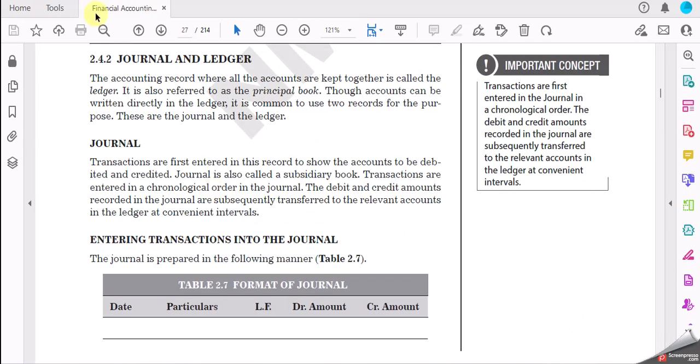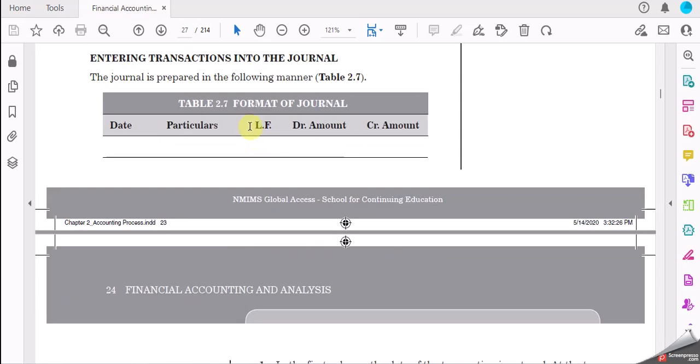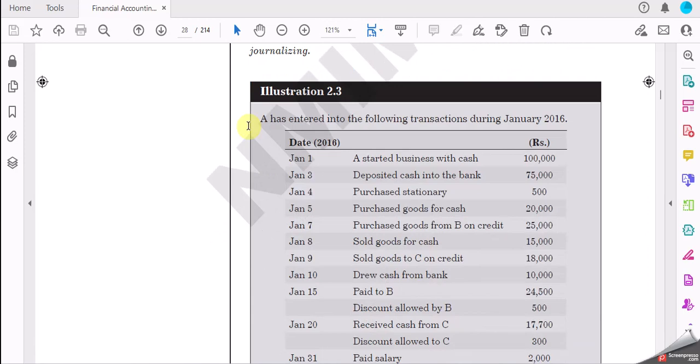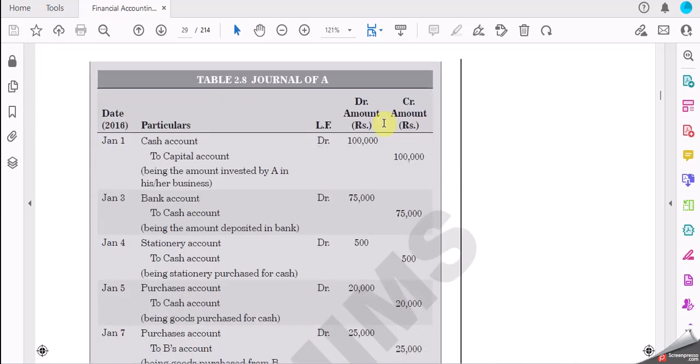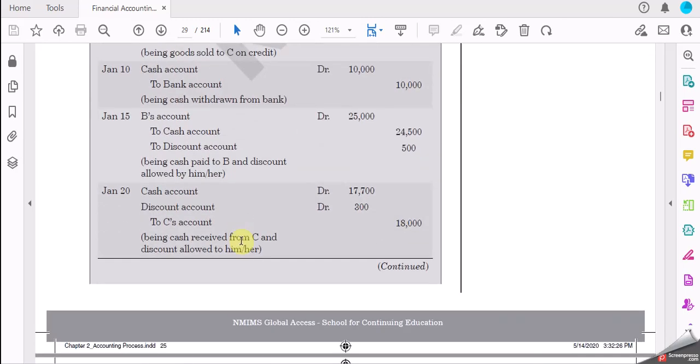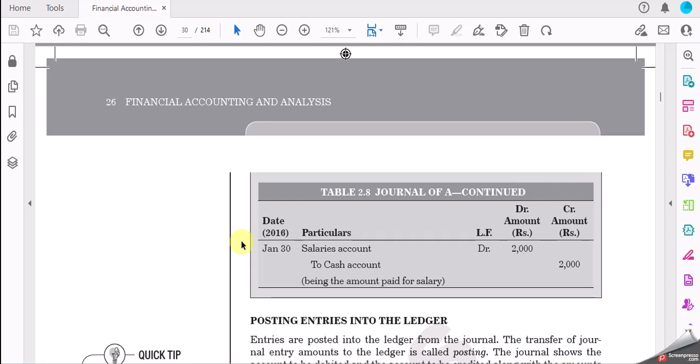Here we have the journal and ledger problems. One illustration has been given here, so make it a journal transaction. You can refer to this one for the question number 1 solution.